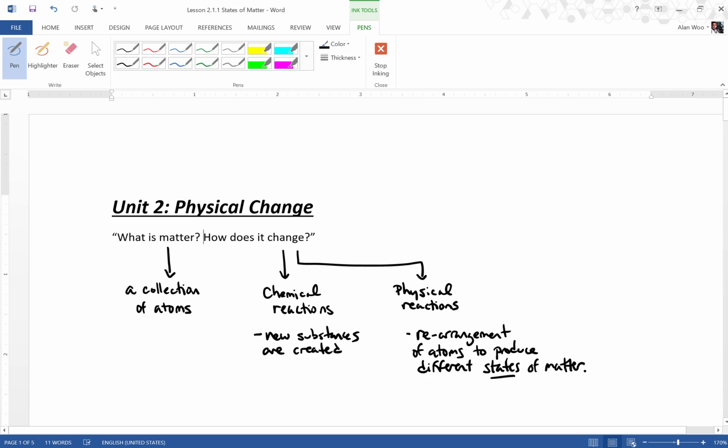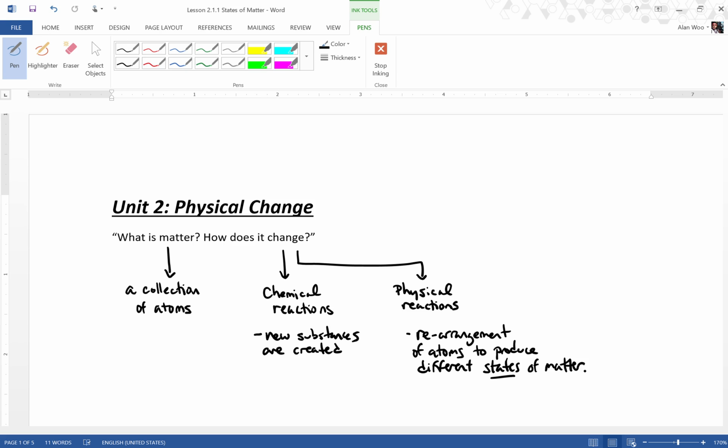So you still have the same substance, it's just been altered a little bit in terms of its appearance. And sometimes when you do that, you also alter their physical properties. Not chemical properties, but physical properties.